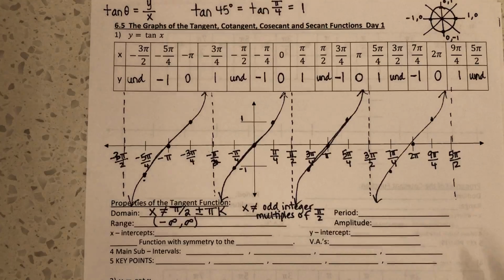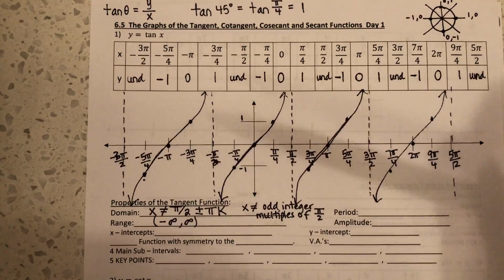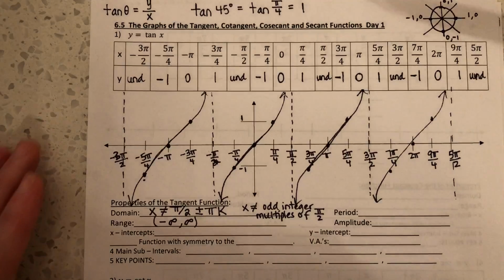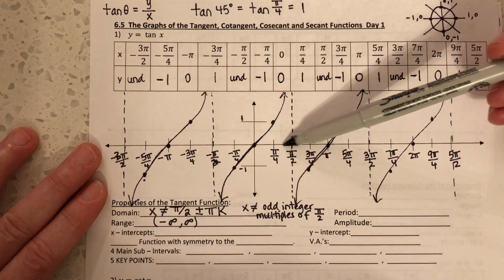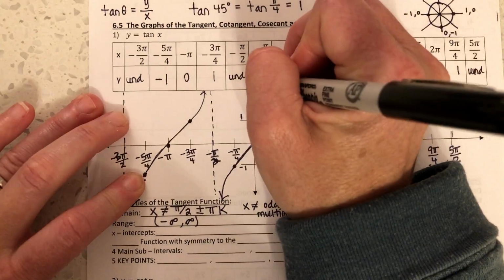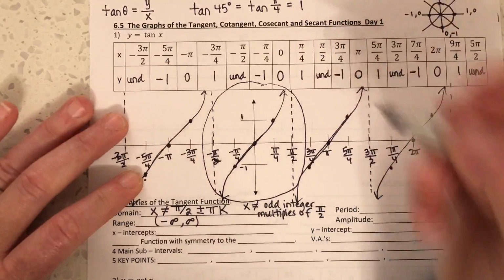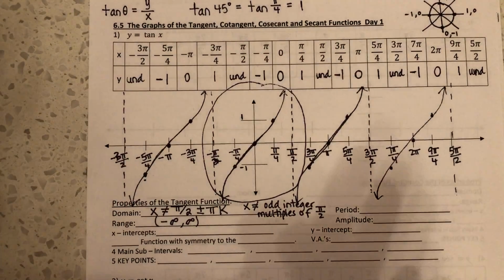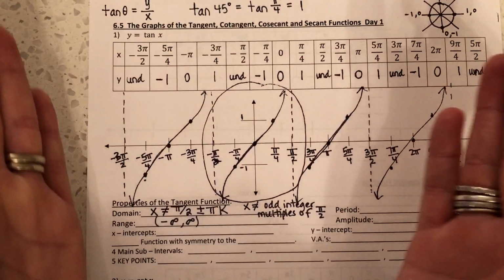Okay, before I go any further, I just want to show you what we consider to be one period or one cycle of the tangent function. Starting at 0, 0, the origin, and working your way right and left, this one section right here is considered to be his first cycle, his first period. It's one cohesive piece of his graph starting at the origin.